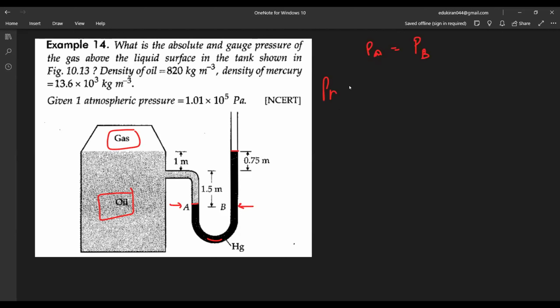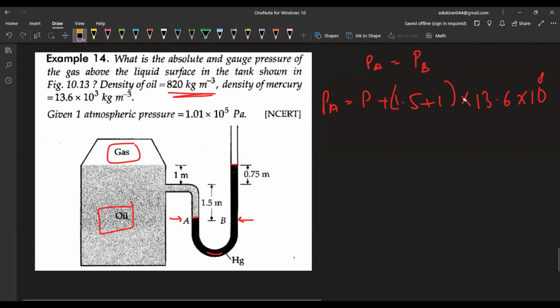We can say PA is equal to the atmospheric pressure plus 1.5, this height, plus this height for the oil part, that is plus 1 into H rho G. Rho means density, and here it is given 820 as the density of oil, and we're talking about oil.